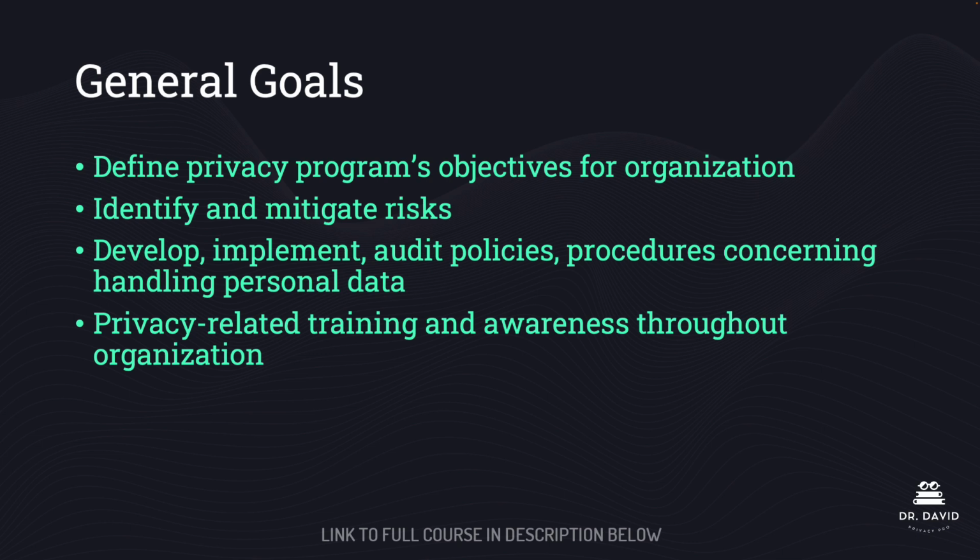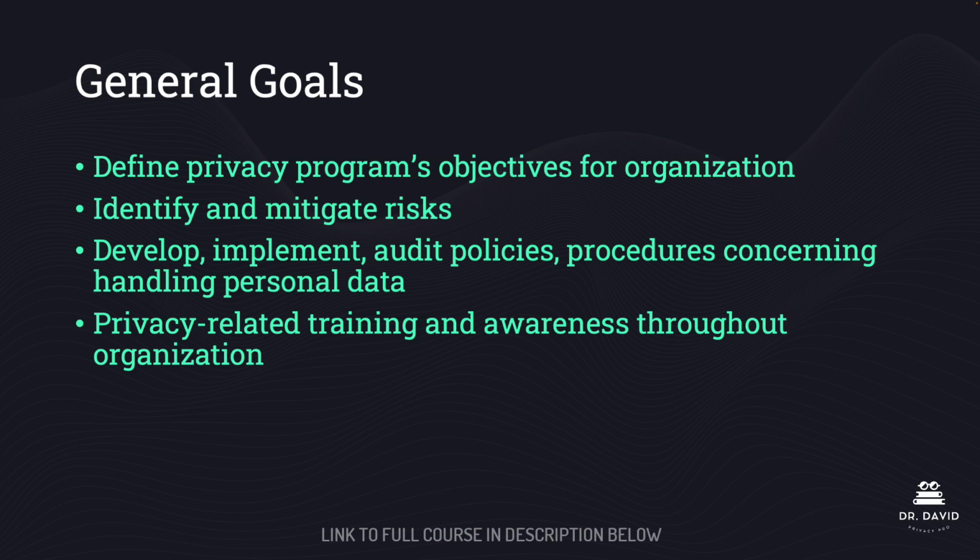In furthering the objectives of identifying and mitigating risk, you're going to help to develop, implement, and audit policies and procedures concerning the handling of personal data. This is all part of identifying and mitigating risk. And as we've discussed when we were talking about building our team, you want to make sure that the privacy office is providing training and awareness throughout the organization.